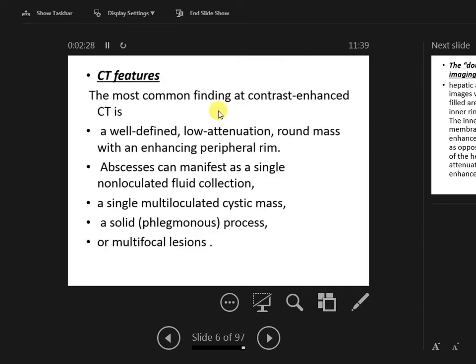The most common CT feature on contrast enhanced CT is a well-defined low attenuation round mass with an enhancing peripheral rim. An abscess can be non-loculated, single, multiloculated, solid, or a multifocal lesion.